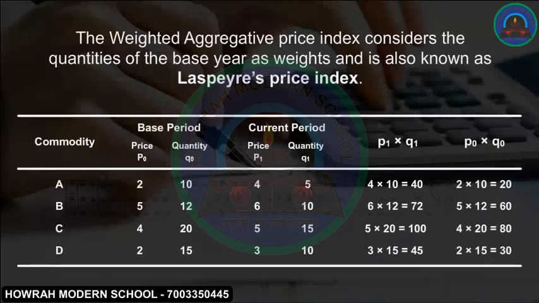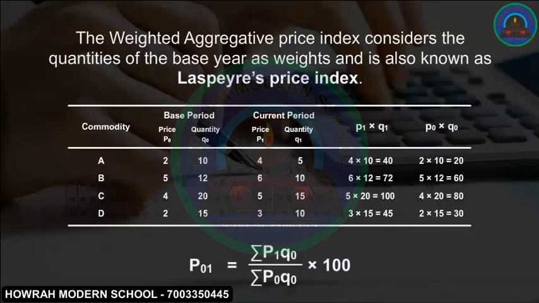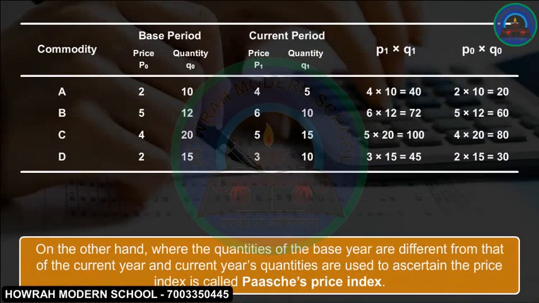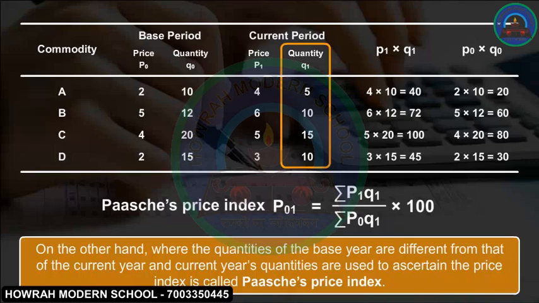The weighted aggregative price index that considers the quantities of the base year as weights is also known as Laspeyres' price index. On the other hand, where the quantities of the base year are different from those of the current year, and current year's quantities are used to ascertain the price index, it is called Paasche's price index.